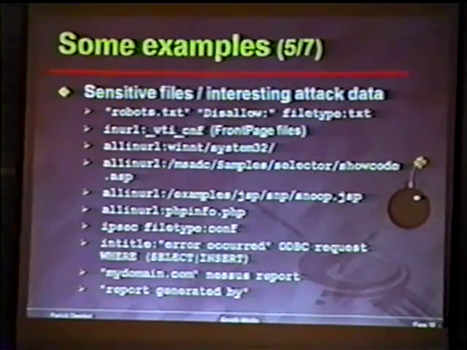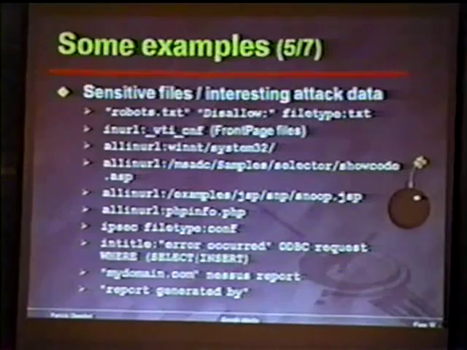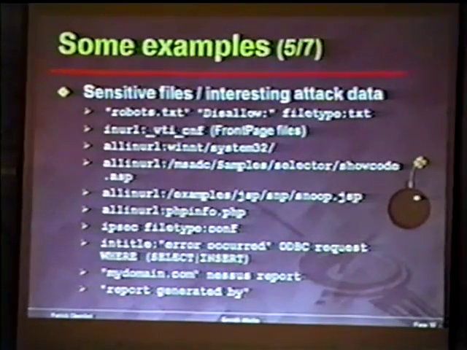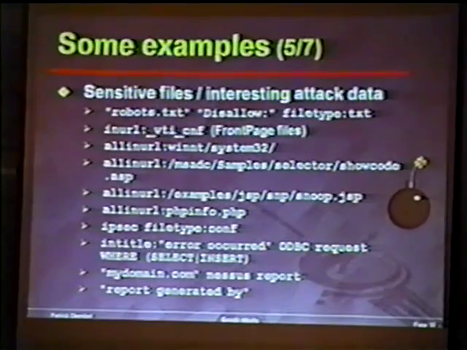So other searches that you can use to find sensitive files or useful information for an attacker. Robots files, again FrontPage files that could contain some useful information about passwords, and development files, etc. You can search for system files when they are accessible, like WinNT, System32, etc. You can find IPsec files, ipsec.conf files, etc., etc. And something very, very interesting for an attacker is the ODBC errors.